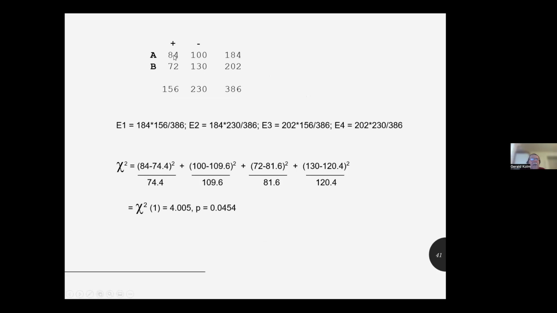For cell 1, the expected value is the row marginal times the column marginal, divided by the overall sample size. We do that for each cell, then subtract the expected from the observed, square that, and divide by the expected. If we sum those up over the 4 cells, we get a chi-square of 4.0. You can see that we get virtually the same p-value that we did using the normal distribution.